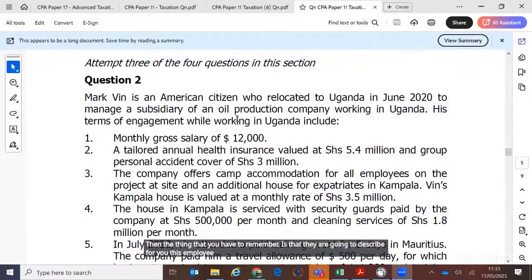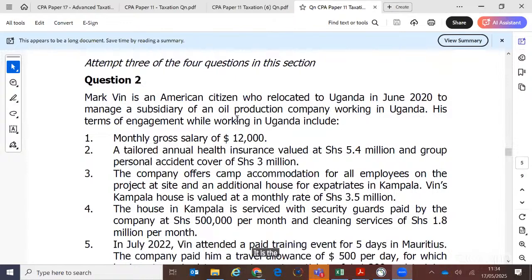If he has come from outside, it is the employer's obligation to incur costs of relocating this person when he is coming to Uganda, and when he is finally leaving Uganda after the employment term has ended. So the cost of shifting him from wherever you're picking him and his family to Uganda, whereas the employer has incurred it, you can't charge it on the employee.